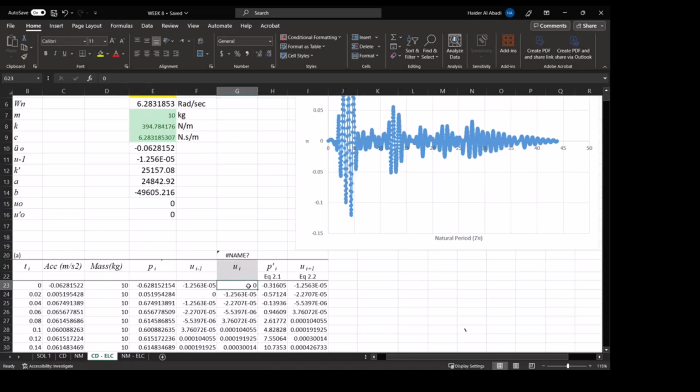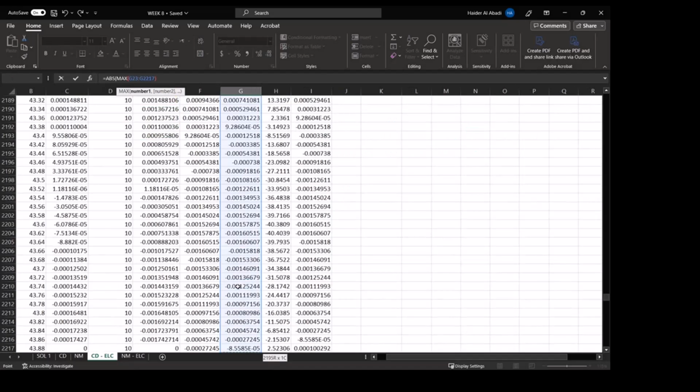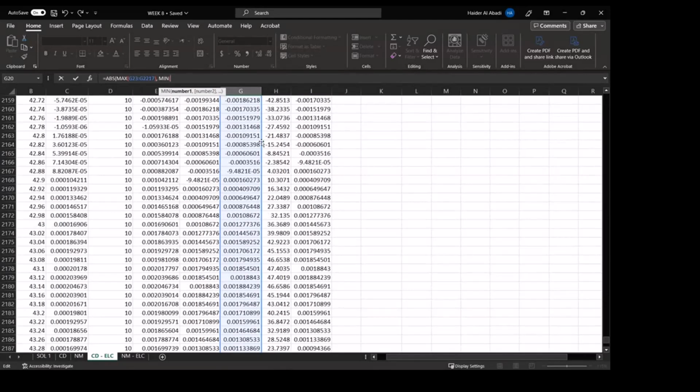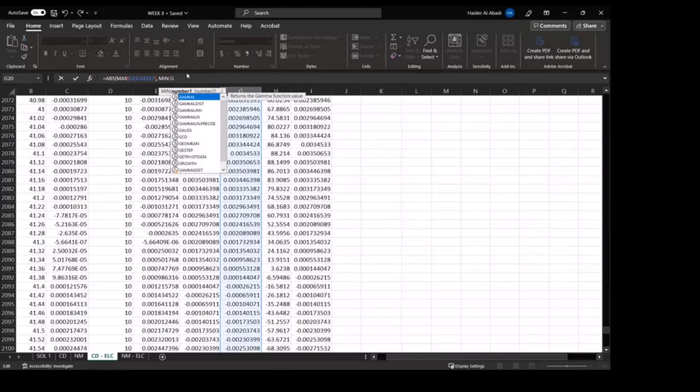I will just say maximum of this. Now I can't say this only, because minimum of the same one. Let me put it here. It's G23 to G2217. Close bracket, close bracket.